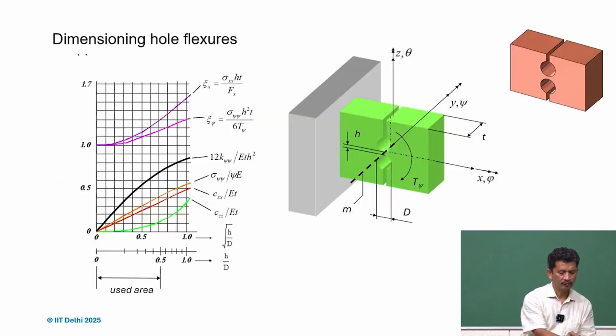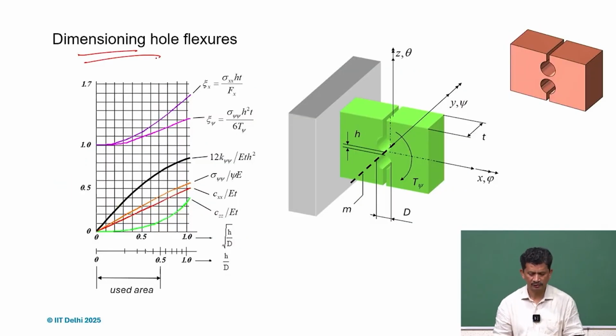When it comes to dimensioning, the parameter which will definitely be of interest is sigma, the stress value. Yes, it's the same figure, and now we are talking about the rotation psi, and the other stiffness values.